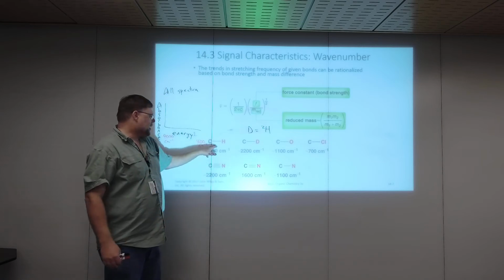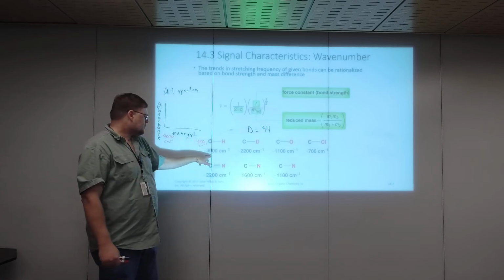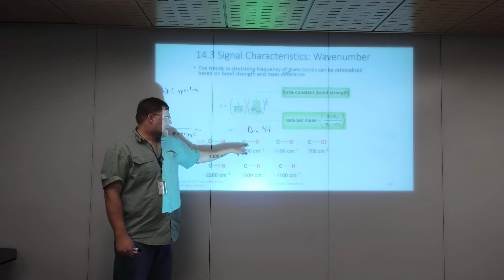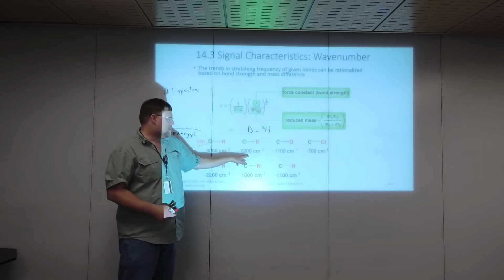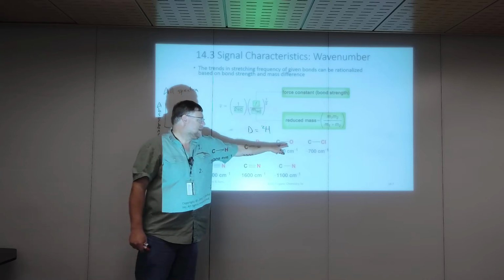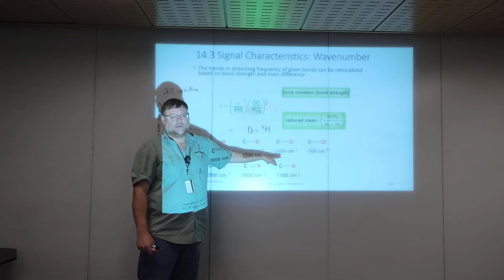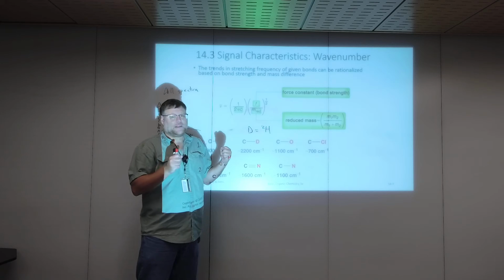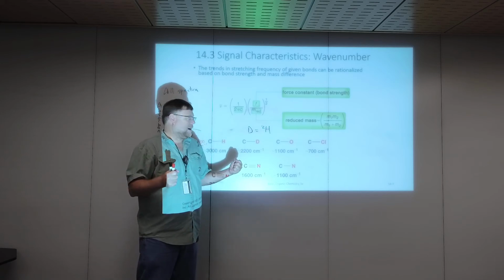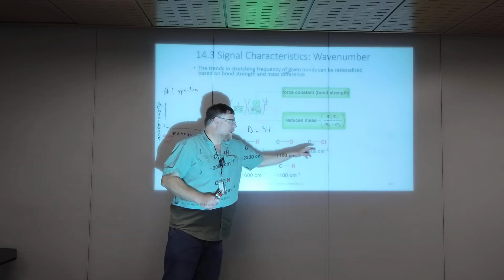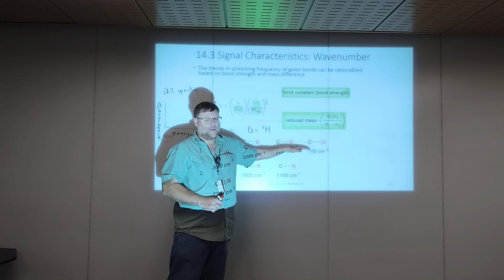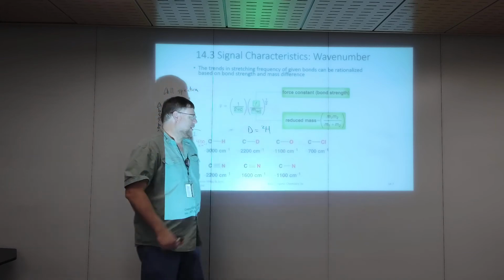So CH, H weighs 1, 3,000 wave numbers. The CD, the D weighs 2, so it's twice as heavy as the H, 2,200 wave numbers. The CO bond, 1,100. C and O are roughly the same mass, very little mass difference, and they're both much heavier than a hydrogen, so way less energy getting them going. Carbon-chlorine, now there's a pretty big mass difference, but both atoms are also heavy, so it doesn't take much energy to get that going.